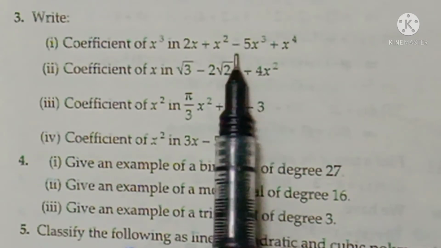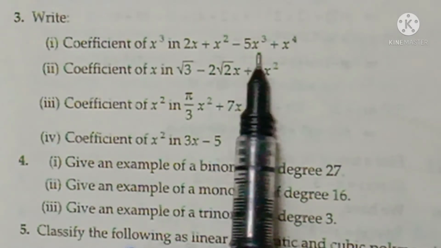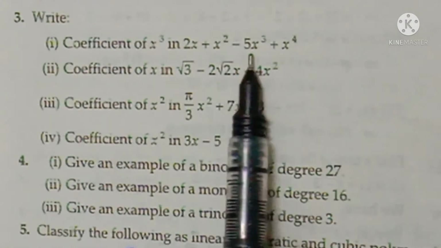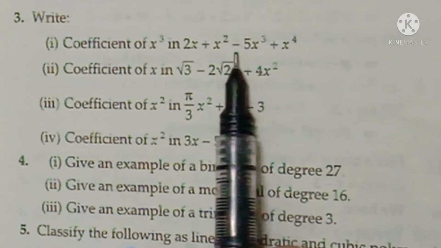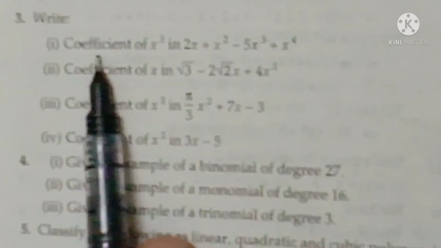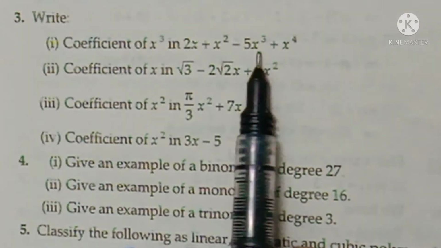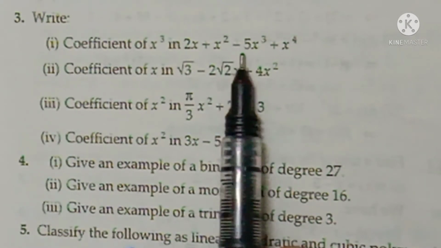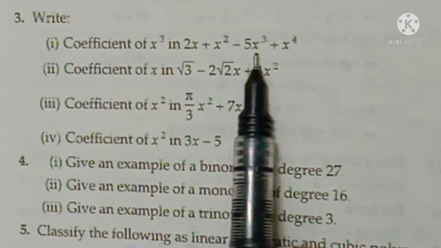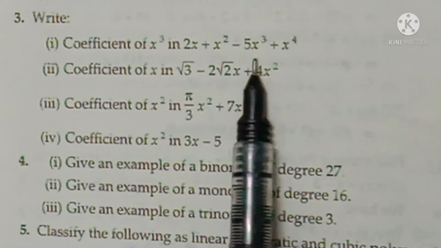Here the other part of the factor is minus 5. So you can write the answer: the coefficient of x cube will be minus 5. This is the remaining factor of this term.